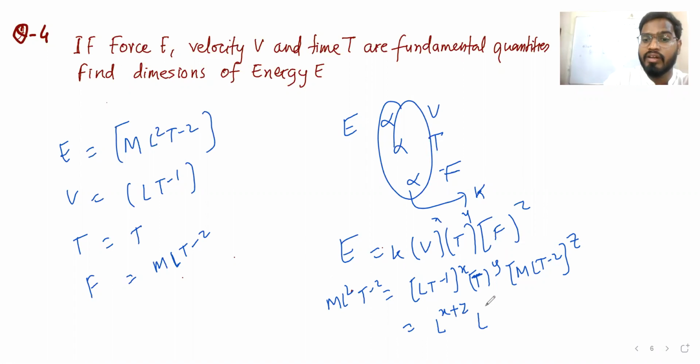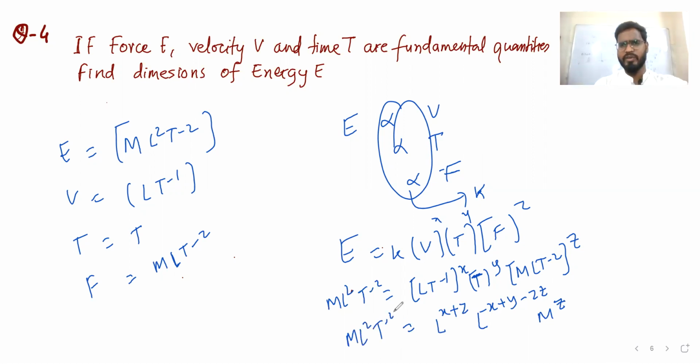So t to the power minus of x, t to the power y, so we can add minus of 2z, and then what? m to the power, directly we can say what? Z, that is what? ml square t to the power minus 2. Now you get equate, you will get answer, right? Let's change that, otherwise you'll get confused. So m to the power z, right? So m to the power 1 is equal to z.